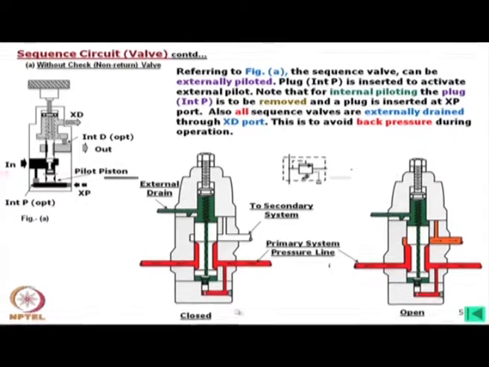Now, here I have shown a little detail: if we look into this valve, this is closed. The flow is coming in from this side. Then this is internal piloting, it has come over here, and this is being balanced.